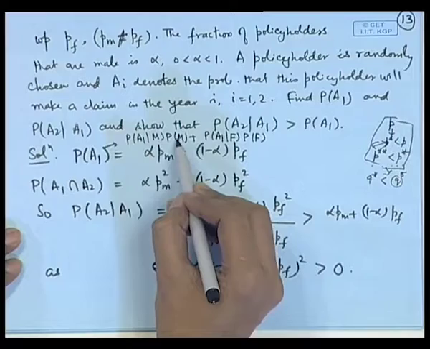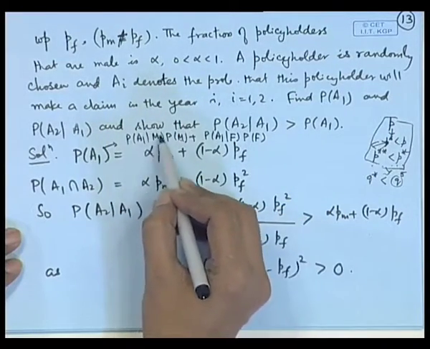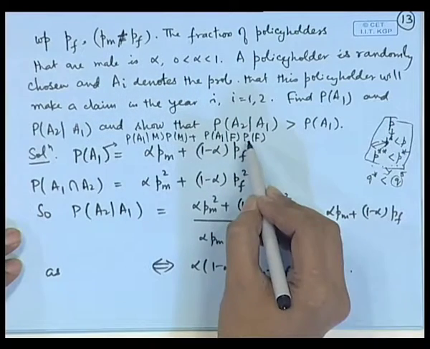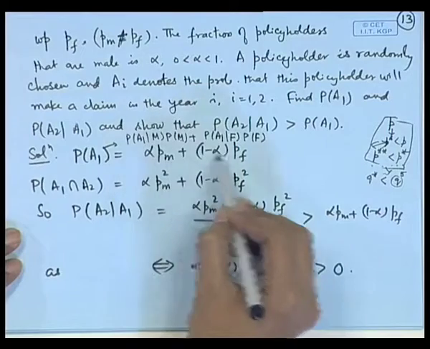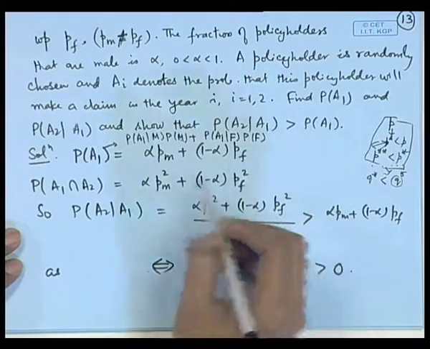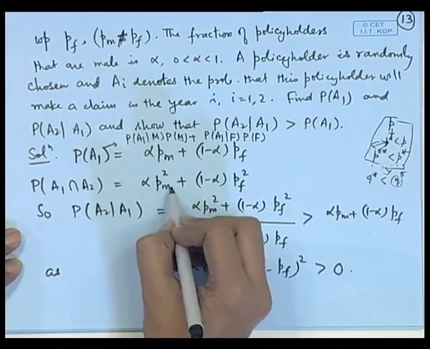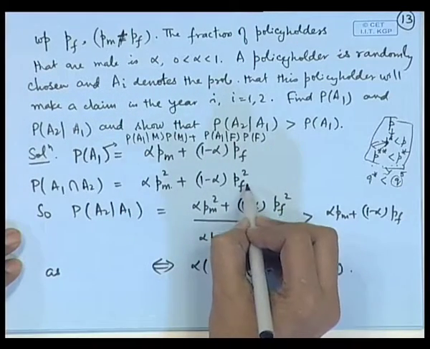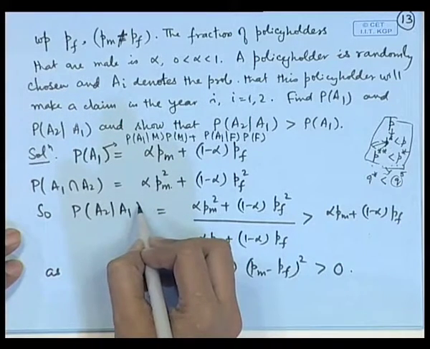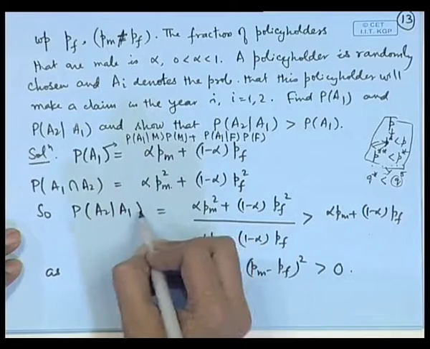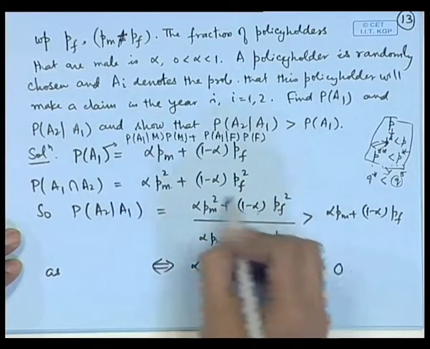So, the probability of a male is alpha and probability of female is 1 minus alpha, and probability of making a claim for male is P m and probability of a female making the claim is P f. So, it is alpha P m plus 1 minus alpha P f. By using the same argument, probability of A 1 intersection A 2 becomes alpha P m square plus 1 minus alpha P f square, and therefore, the conditional probability of A 2 given A 1 is equal to probability of A 2 intersection A 1 divided by probability of A 1, which is this.